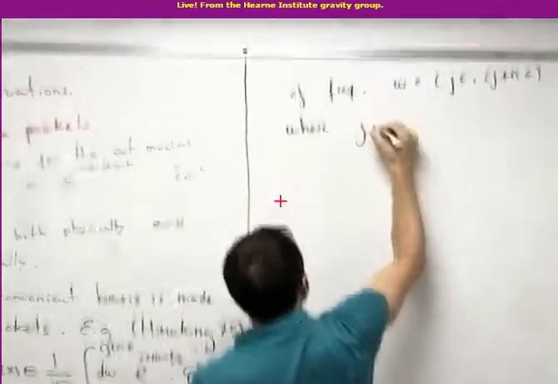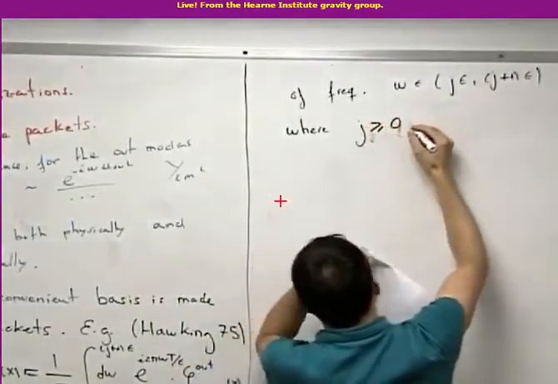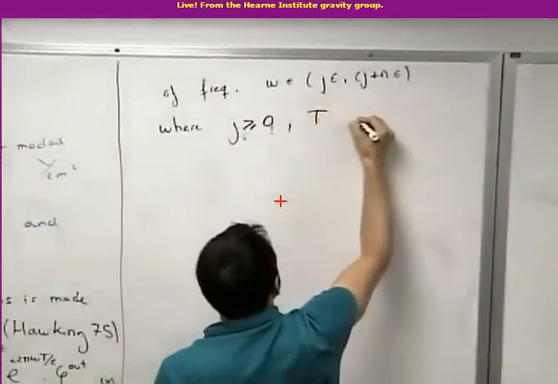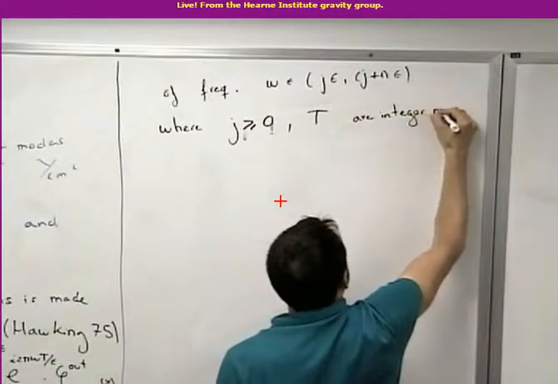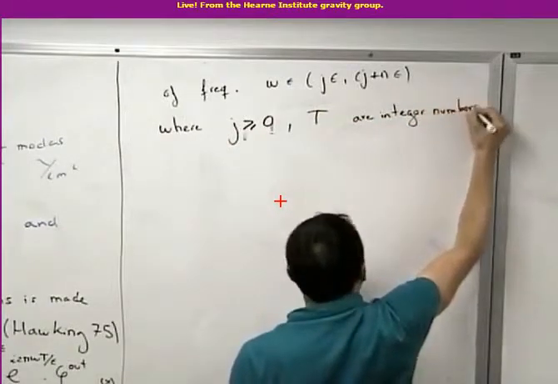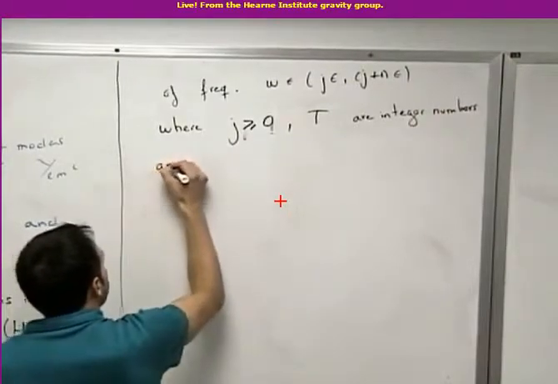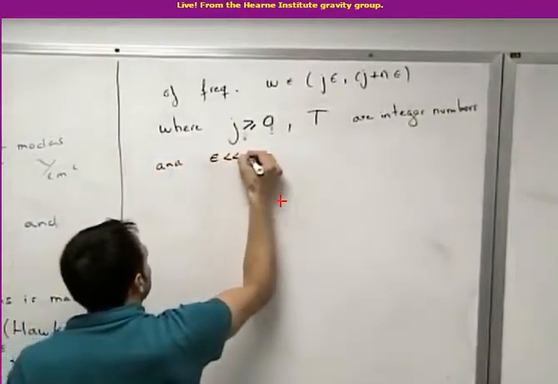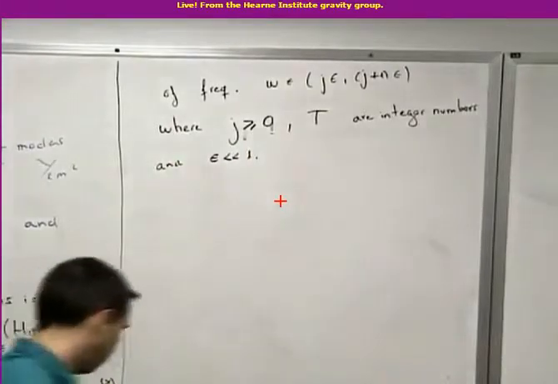Where j is forced to be positive or zero, and T, both are integer numbers. And epsilon is a parameter that we choose much smaller than 1, and real, of course.